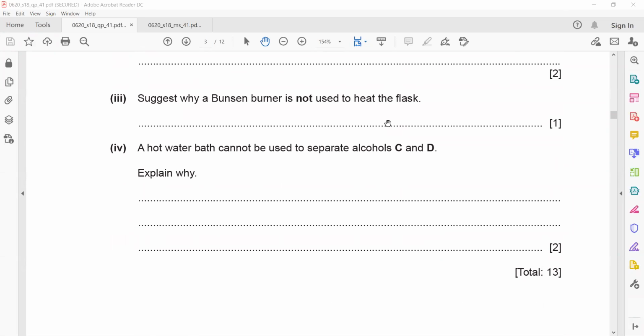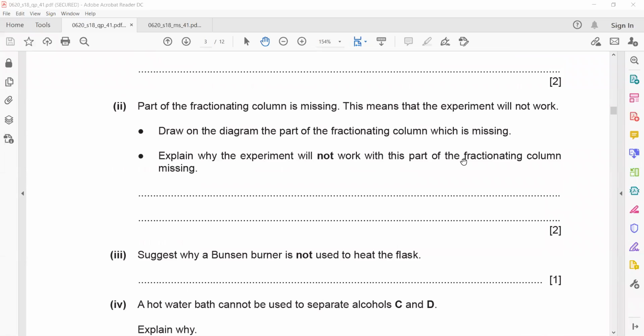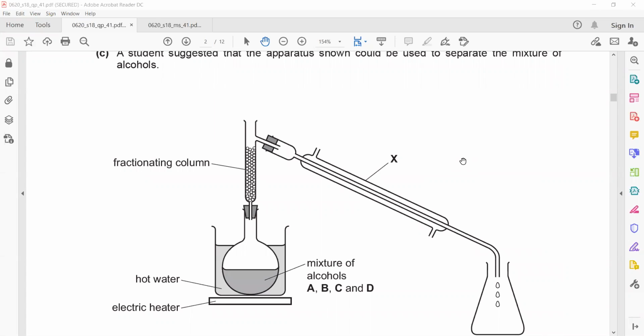A hot water bath cannot be used to separate alcohols C and D. Explain why. So what is the reason why alcohols C and D cannot be separated?